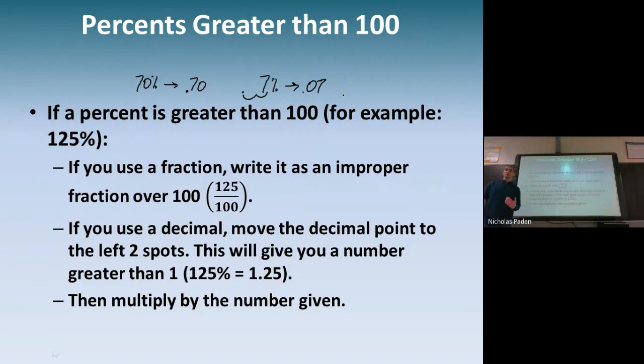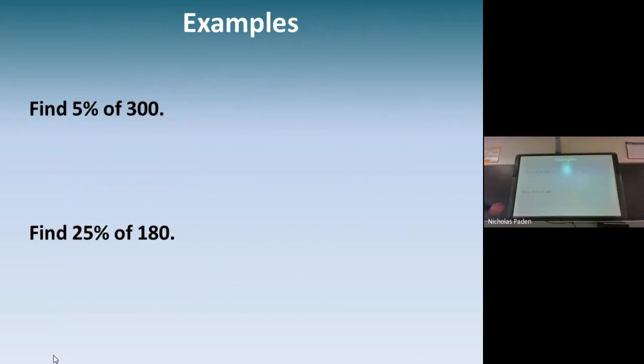If your number is smaller than 10%, like 8%, 9%, 3%, there needs to be a 0 in between that number and the decimal point. One of the biggest mistakes that I see is students will write 7% as 0.7. That's 70%. Okay. And so make sure if it's less than 10%, you still move the decimal point 2 times to the left, which is much like the first example that we have here. Find 5% of 300.